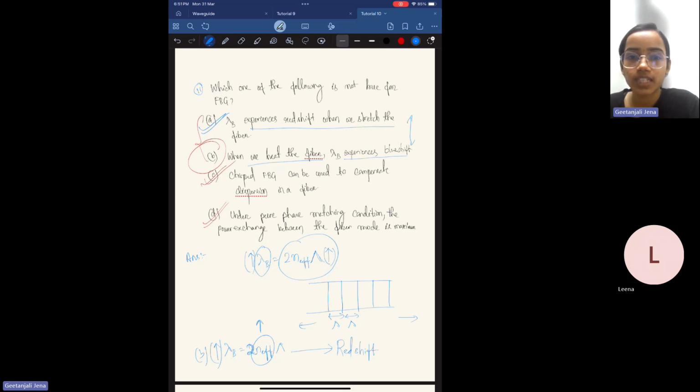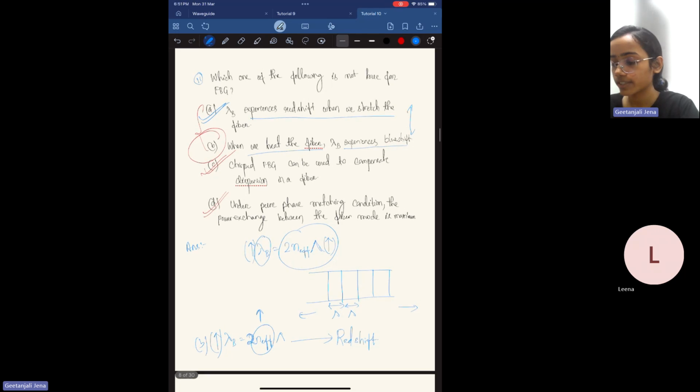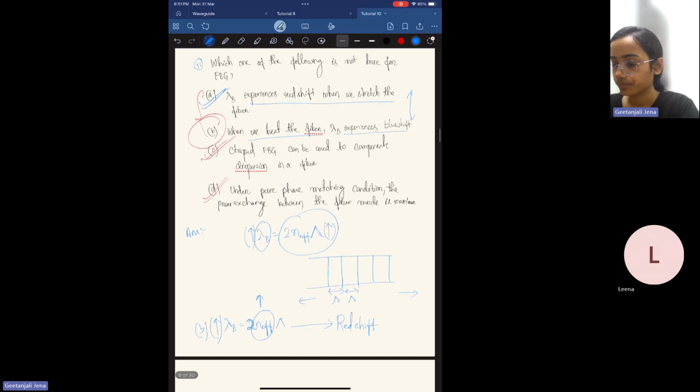So that means N effective is increasing. Okay. So N effective is high means there is more resistance. N effective is low means there is low resistance. So it is like that only. So if you cool down, then it will be opposite.